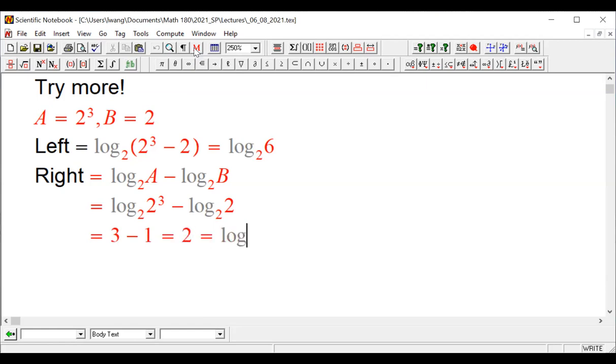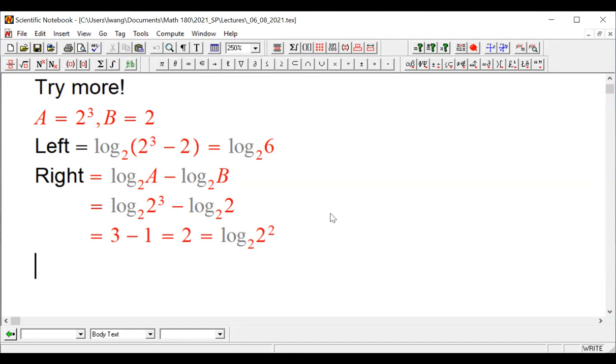And 2, written in logarithm form, is log base 2 of 2 squared, or 4. Is left equal to right? So we have one case that supports it and one that doesn't. What does it count as? Well, one is false.